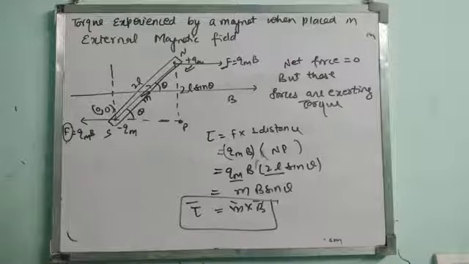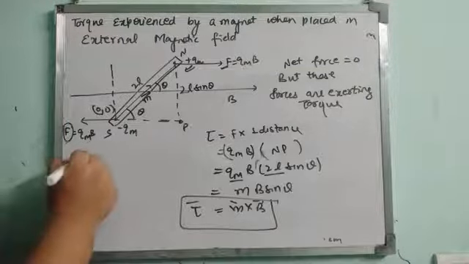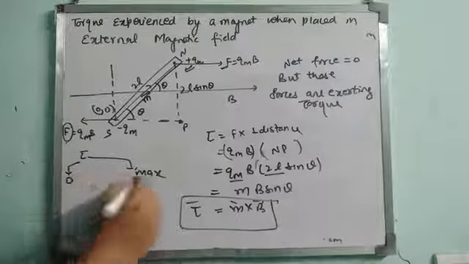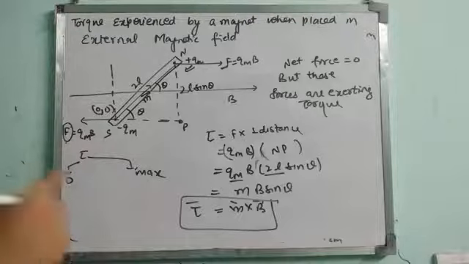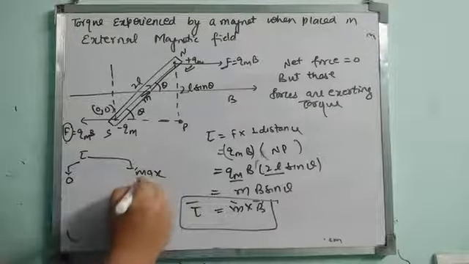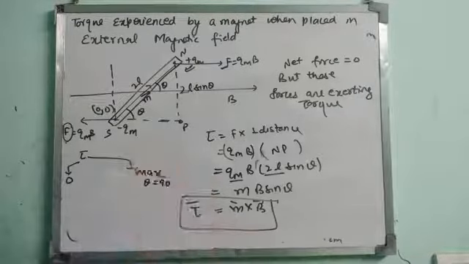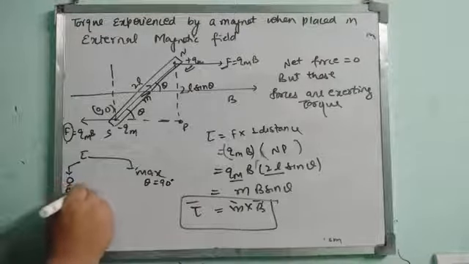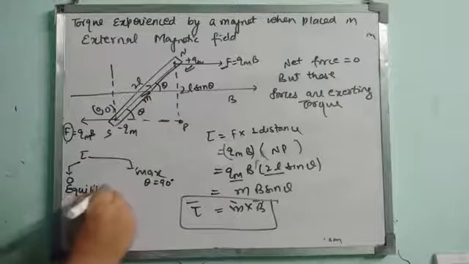Similar to the case of electrostatics, in the case of a dipole there will be two conditions where the torque can be zero as well as maximum. Torque is maximum when theta is 90 degrees. And torque is zero in the case of equilibrium.